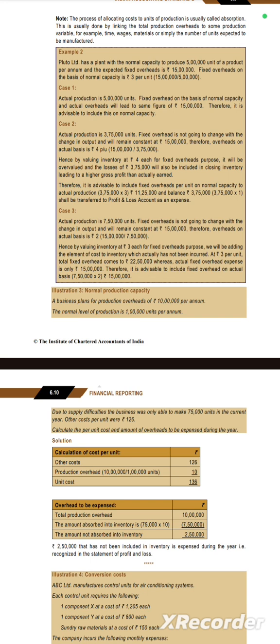So the entire 15 lakh would be recognized in the inventory cost. You can calculate the recovery rate of the overhead and use that to calculate the fixed overhead which is absorbed and the unabsorbed cost.